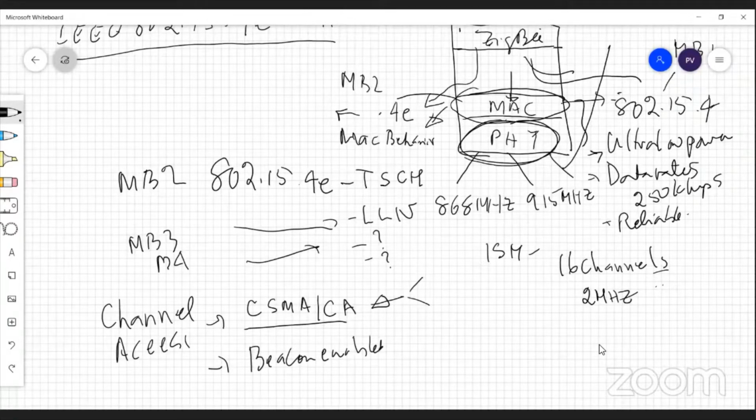One is you can do energy detection. You can do CSMA based on energy detection. The other way you can do is carrier sense. When I say energy detection, you may actually have to plan a little bit more carefully here, so let me get into that detail.